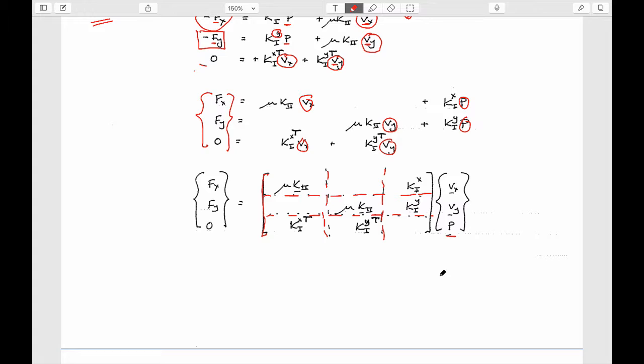Haven't derived anything, but we do know what these individual matrix terms are going to look like. This term here is going to look like what? This is going to be K1, and I'm trying to remember exactly what it looks like.